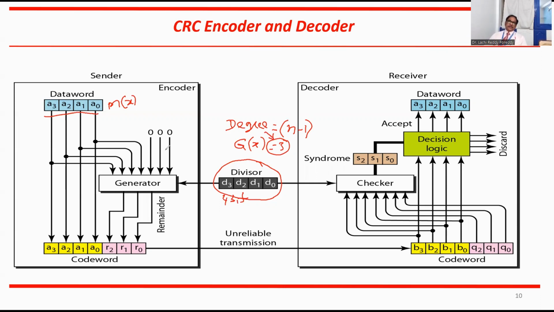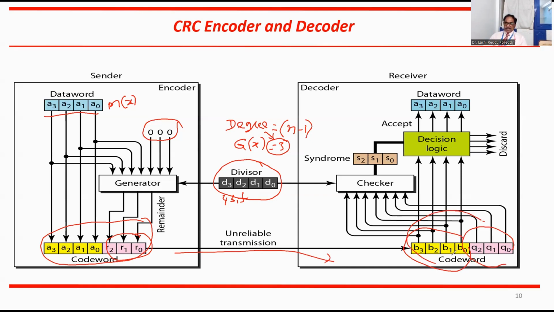As a result, I am going to append 3 zeros on the LSB side of my message m of x. Now this entire thing will be divided with the g of x. Whatever remainder I get, the number of bits in the remainder is equal to the degree of g of x. Now this entire thing will be transmitted to the receiver. Then the receiver will receive my original information plus the remainder.